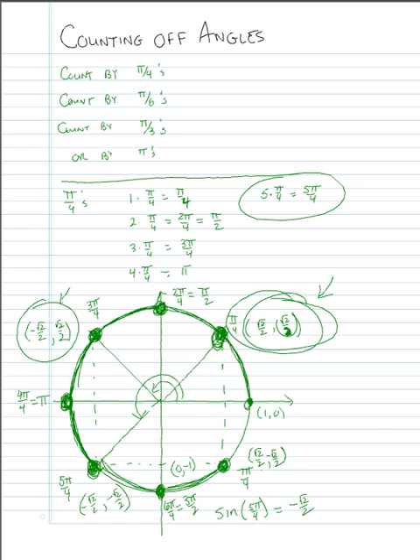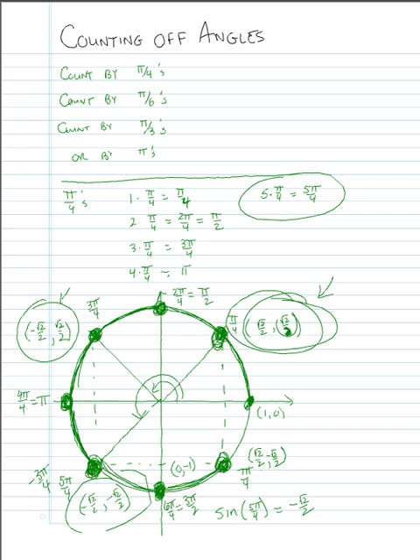Or if we wanted to count by negatives, if we wanted to know where negative 3 pi over 4 is, well, we start at this position always, and so we'd go negative 1 pi over 4, negative 2 pi over 4, negative 3 pi over 4. So this is the same place as negative 3 pi over 4, and we know the coordinates, here they are, so we could easily find sine and cosine of negative 3 pi over 4.